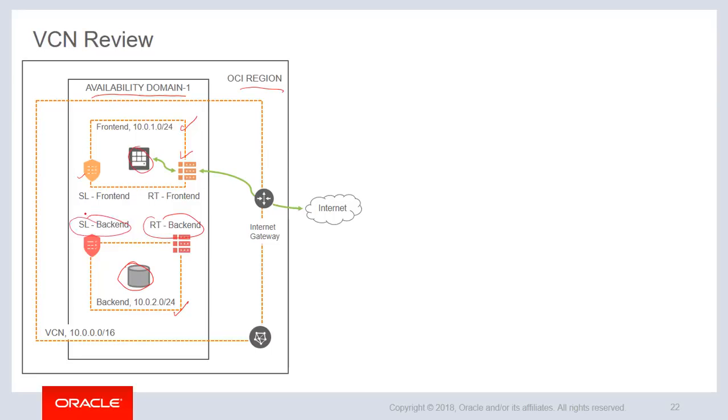Now, by the very nature, because it's a front end, let's say it's a web server, it's initiating connections in and out of the web to the internet. So what would we use there? We would use an internet gateway, right? Simple, we discussed this earlier. So the traffic is going out, traffic is coming in, the route table is managing that traffic, and we are able to reach our web server.